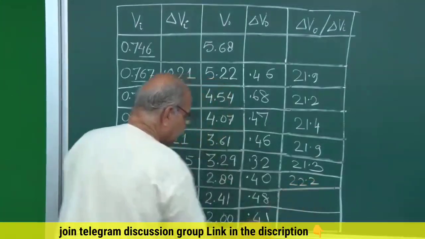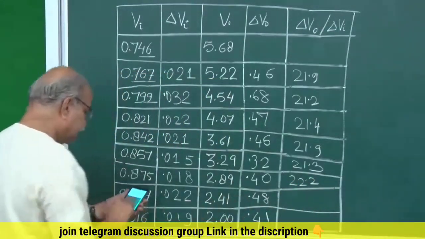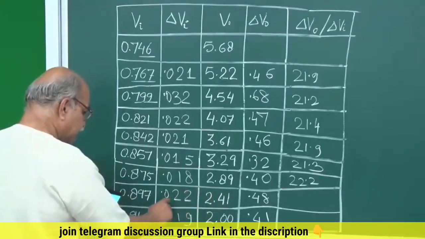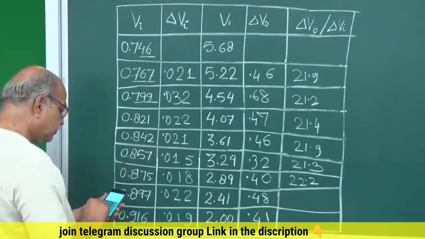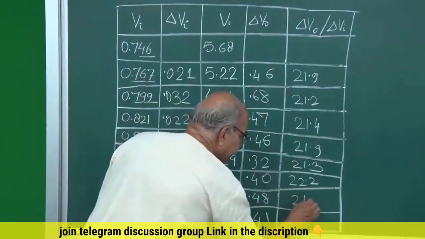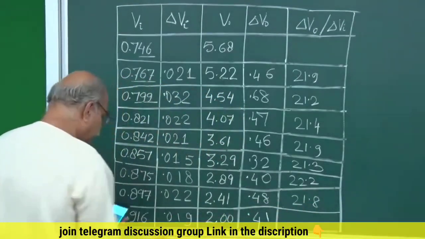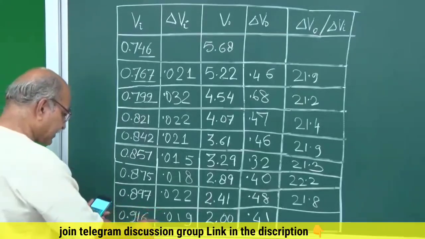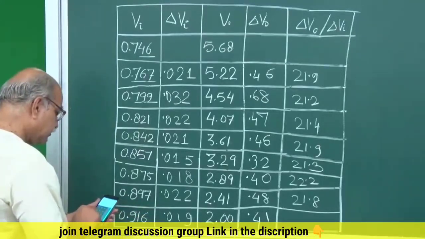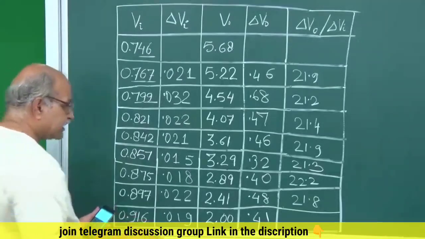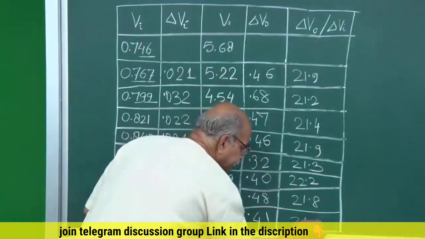Then 0.48 divided by 0.022 is 21.8. You have 0.41 divided by 0.019, and that is 21.6.